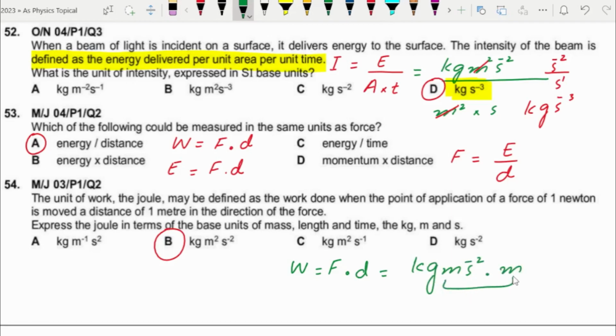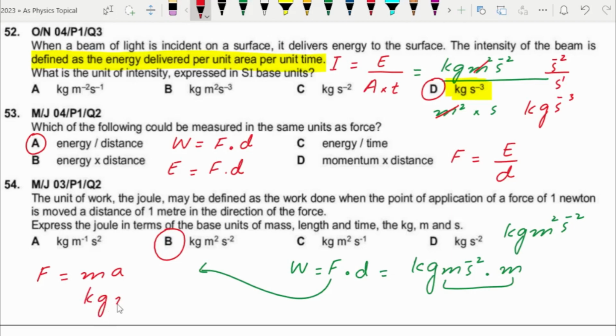You combine the two meters using the law of indices, so you'll be getting m2 s minus 2. And if you forget the units of force as well, that's totally fine. You can also derive force with this formula, F equals ma. Mass we have in kilograms, acceleration we have in ms minus 2, and that's why instead of force we write down the base units kg ms minus 2.